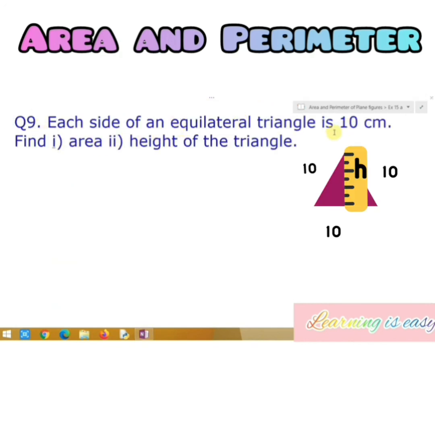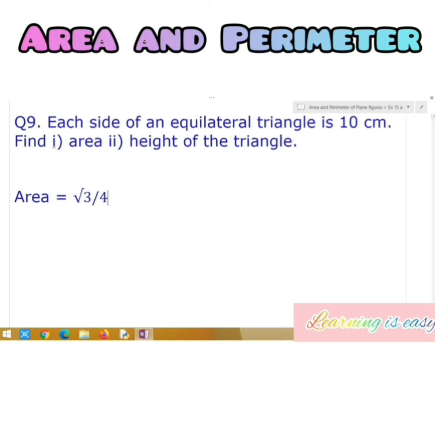Next question, it's an equilateral triangle, meaning all sides are equal. We need to find the area and height. Here the formula varies for the equilateral triangle. Area is going to be square root of 3 by 4 into side square. So that's going to be 43.3 centimeter square as its area.